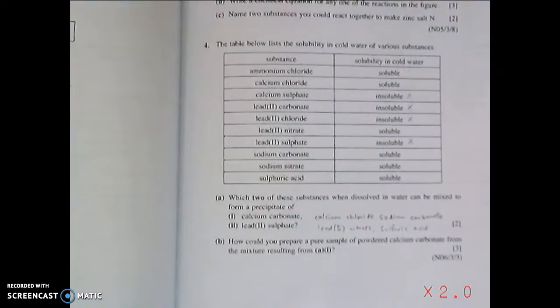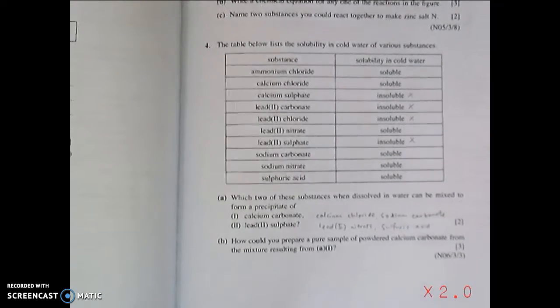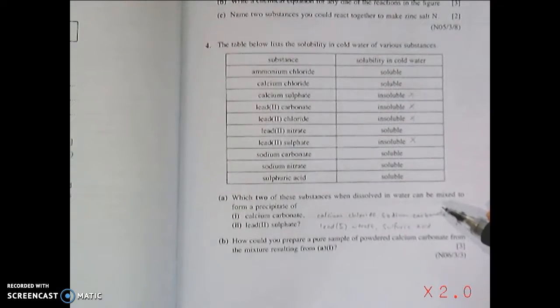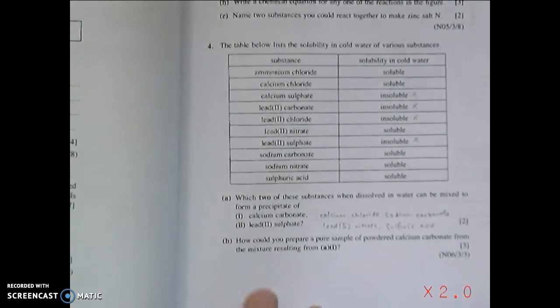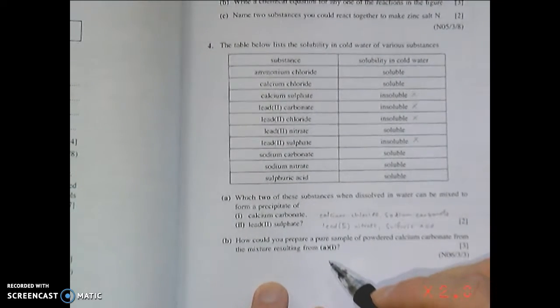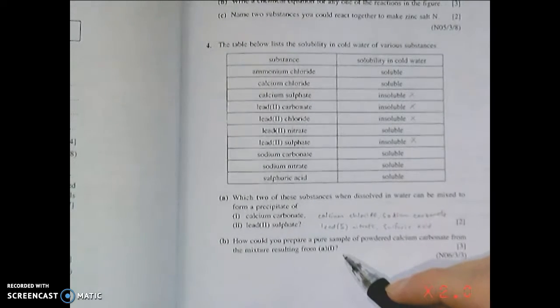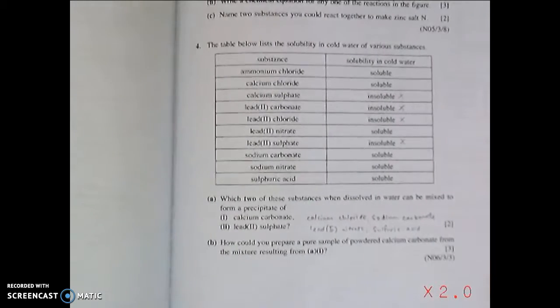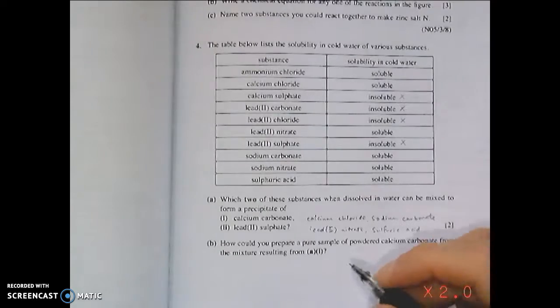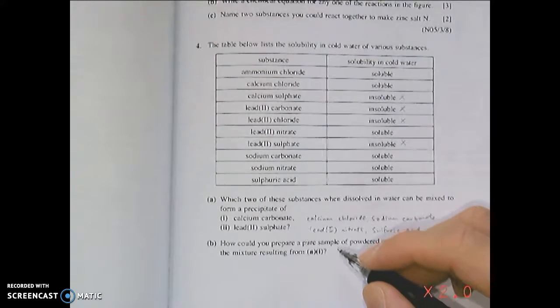Right. This brings us to part B. Again, looking at the question, part B says, how could you prepare from the mixture resulting from part A, part 1? This means that we need to use the above part.